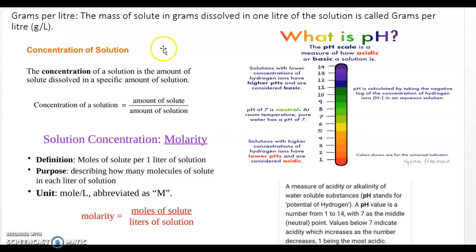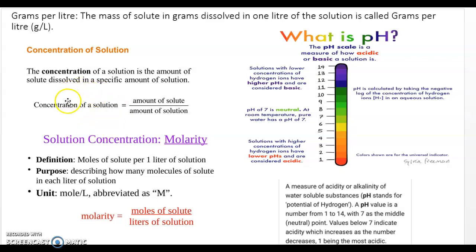Now next we come to the topic of concentration. Concentration means how much solute is dissolved in a solution. For example, if in one glass of water you add 5 spoons of sugar, and in another glass of water you add 2 spoons of sugar, which solution is more concentrated? The one where you added 5 spoons of sugar.